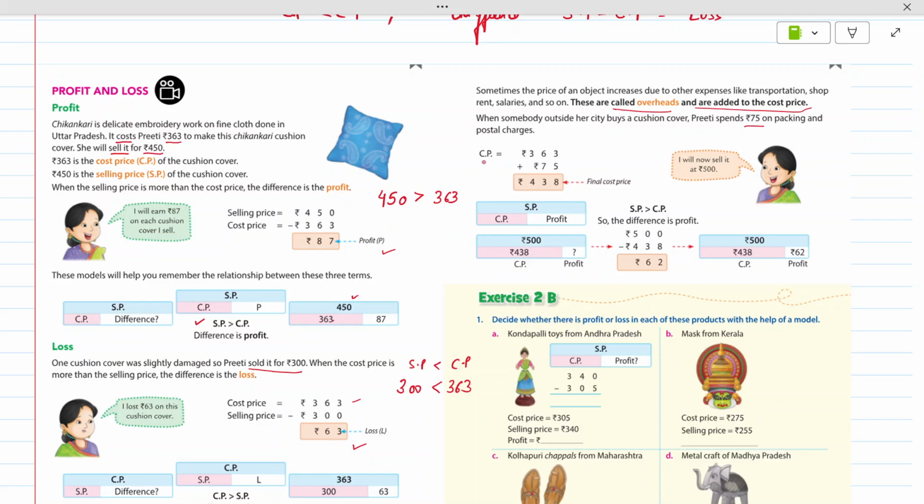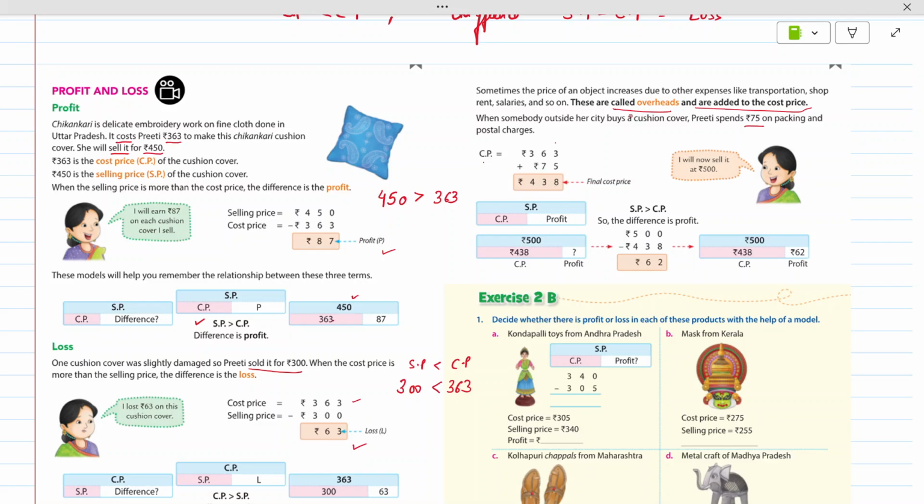So her cost price was rupees 363, which we have seen here, and the additional price she is spending for delivery in another city is rupees 75. And this is the total price. So this cushion is costing Preeti rupees 438 in this scenario.